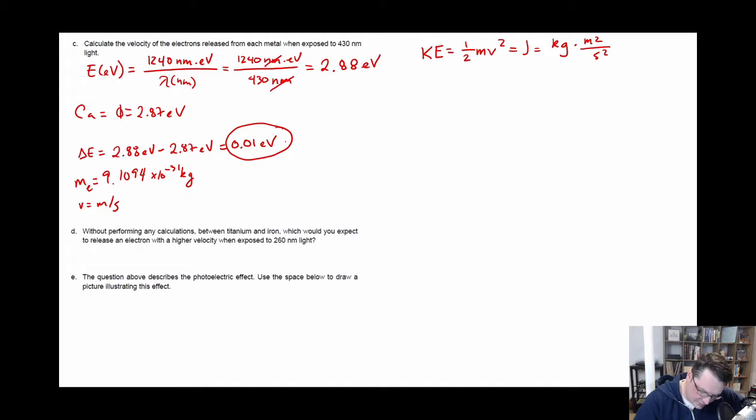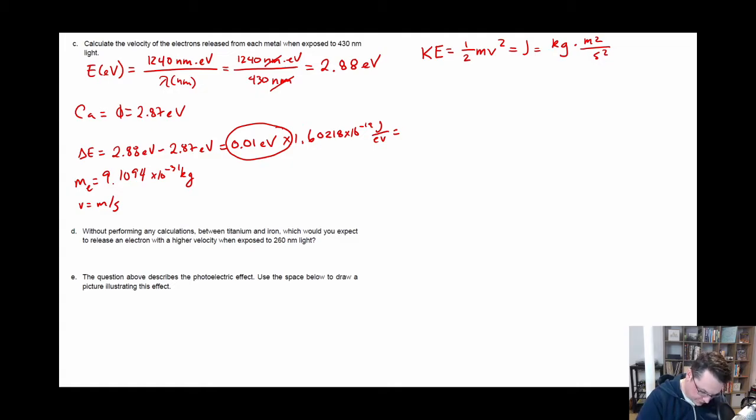We take this and multiply it by 1.60218 times 10 to the negative 19 joules per electron volt.